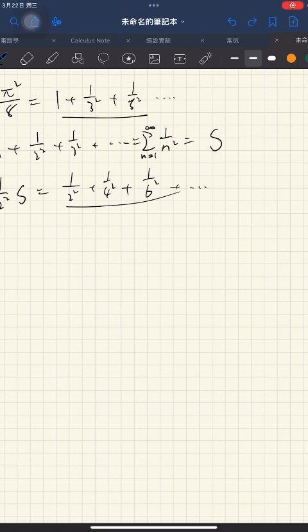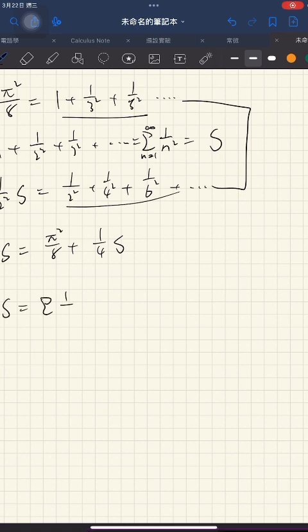So we can combine these together to get the S itself. So we will have S is equal to pi squared over 8 plus 1 over 4 S, and we will have S is equal to sigma 1 over n squared is equal to pi squared over 6, and that's done. Yeah, hooray.